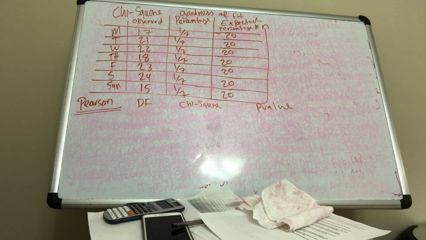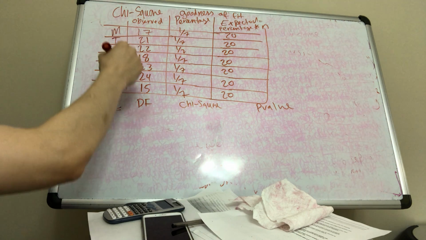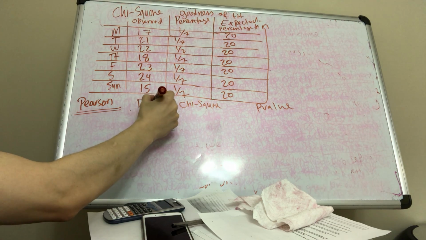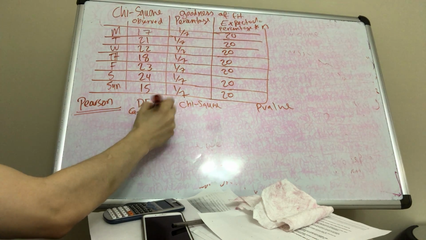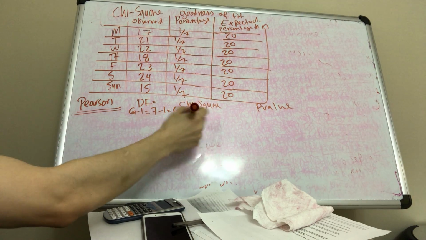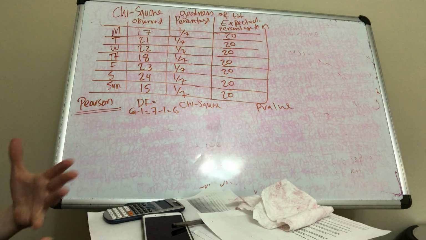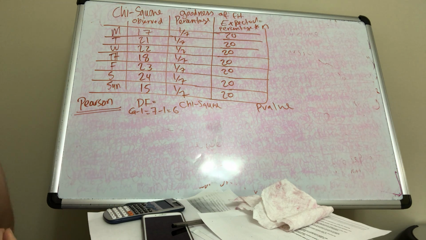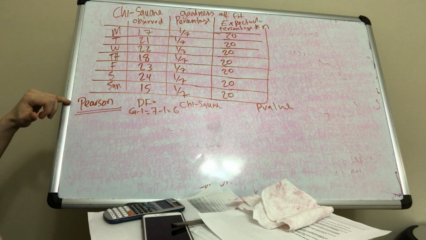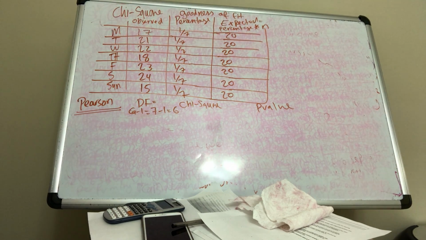Now, the degree of freedom for a goodness of fit would be number of groups minus 1, so 7 minus 1, 6. Chi-square and the p-value will be calculated, but again, I think there will be two lines provided, Pearson and the likelihood. You always go with the Pearson. We always care about the Pearson only.